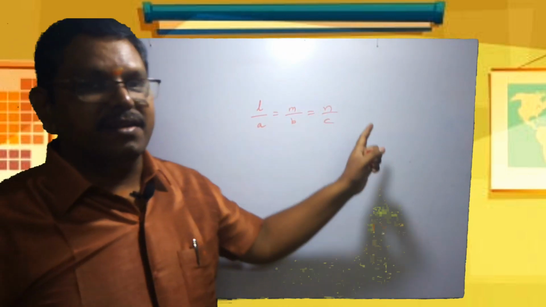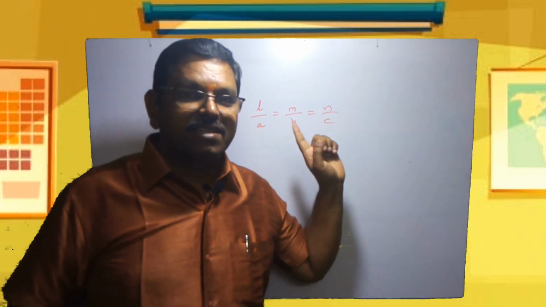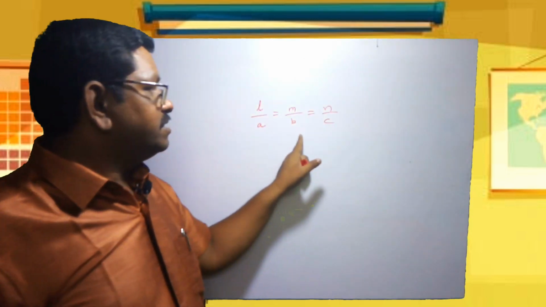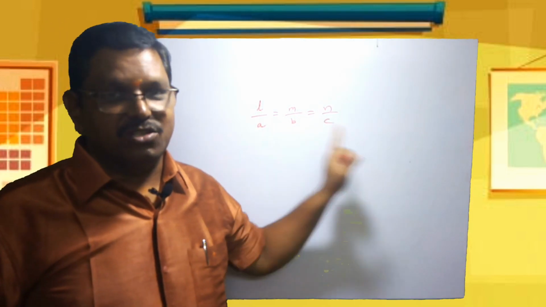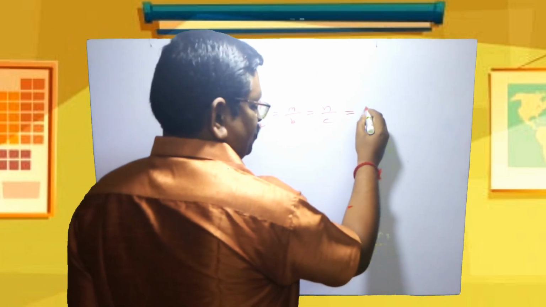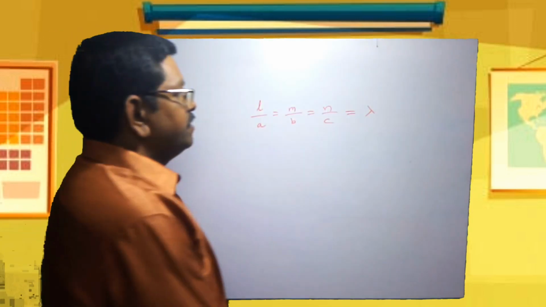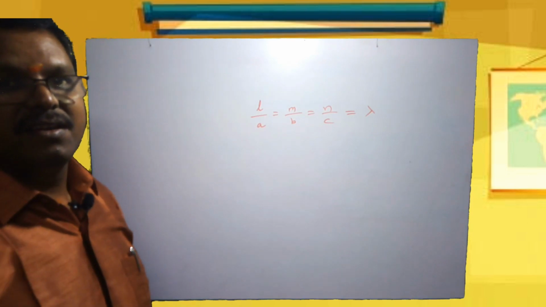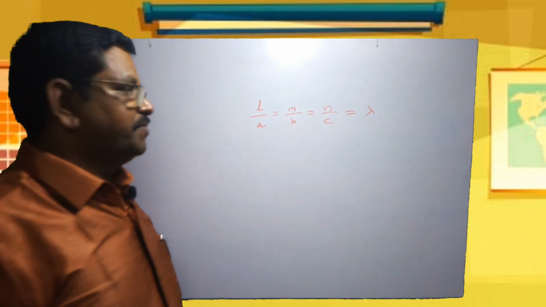Here l, m, n are the direction cosines, whereas a, b, c are the direction ratios. We can say this value is equal to some lambda, where lambda is the proportionality constant.